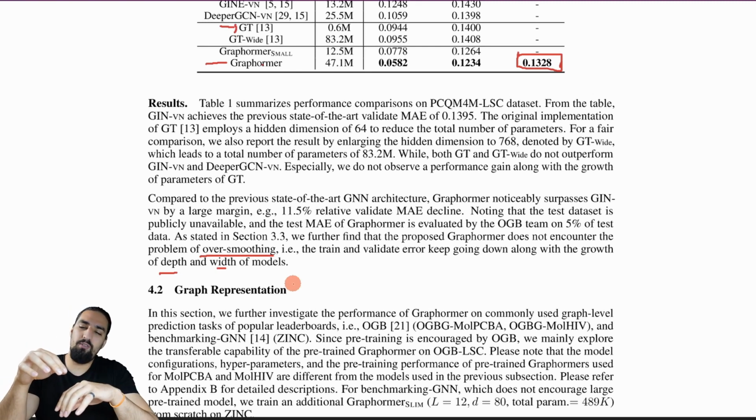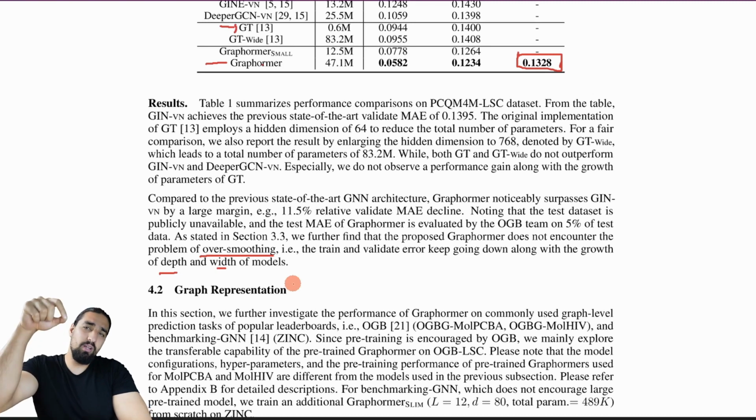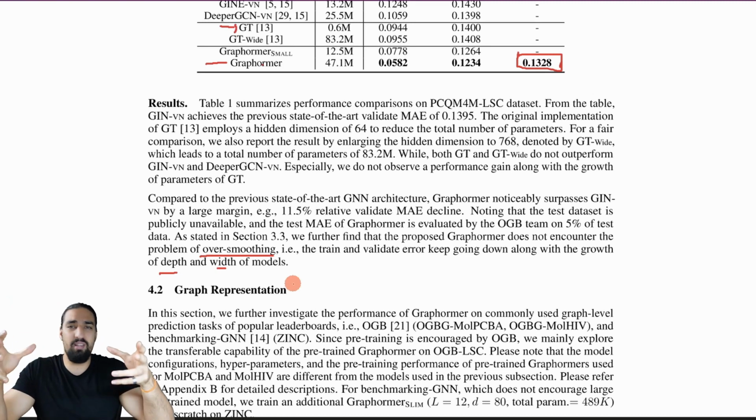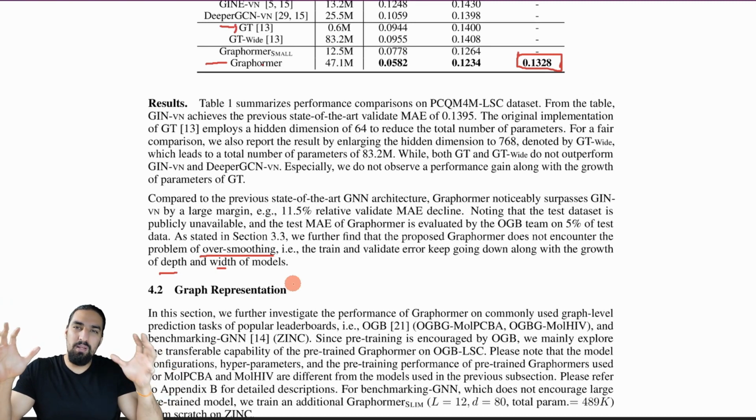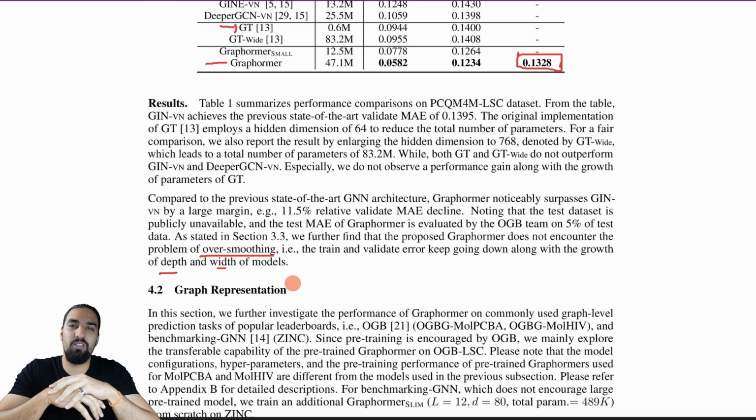That means if you take a look at the 1-hop neighborhood, you'll have maybe 100 neighbors. If you take a look at the 2-hop neighborhood, you may end up with 10,000 neighbors. If you take a look at the 3-hop neighborhood, so that's the third layer of the GNN, you'll maybe be attending to millions of nodes. And if you try and average all of those feature vectors, you'll end up basically collapsing into a single feature vector, and that's something that's called over-smoothing.